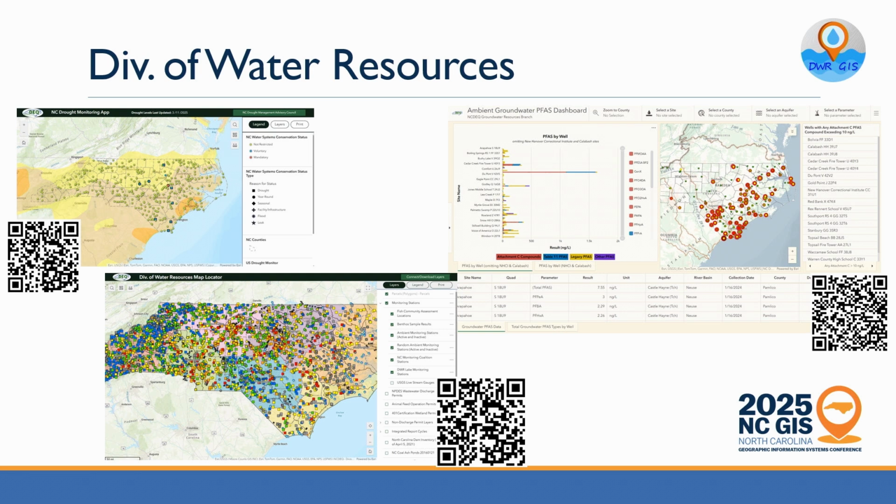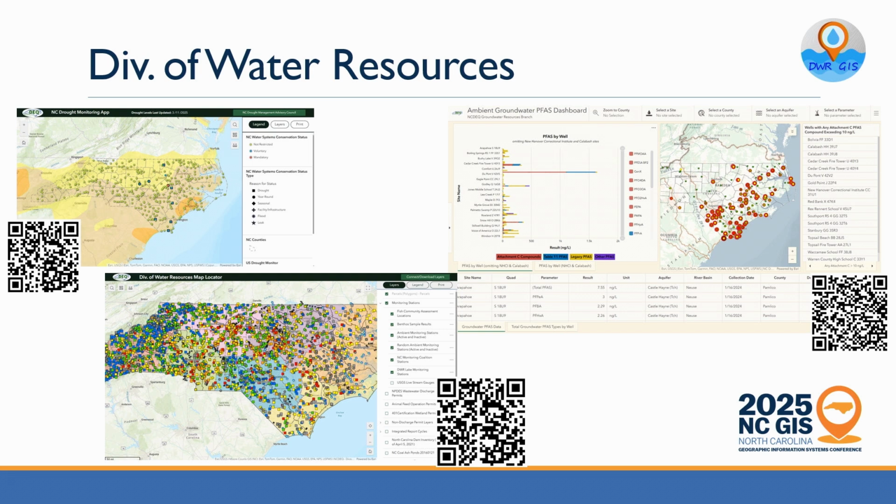Another one there is the drought monitoring network, which, thinking about Helene and how we responded to Helene, not so much in drought monitoring, but both of those are good examples of federal-state communication, where we had to interface with the Army Corps of Engineers, or we had to go with FEMA, or we had to get information that flowed across all of those barriers.